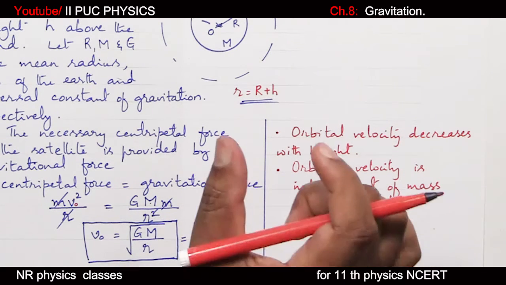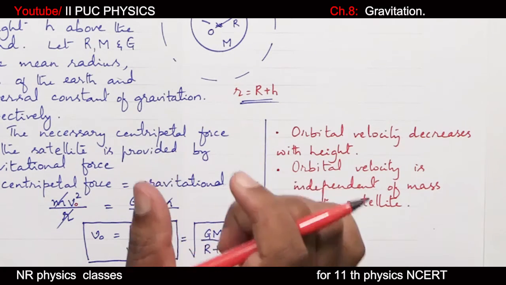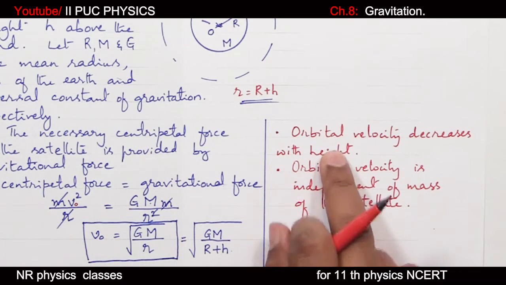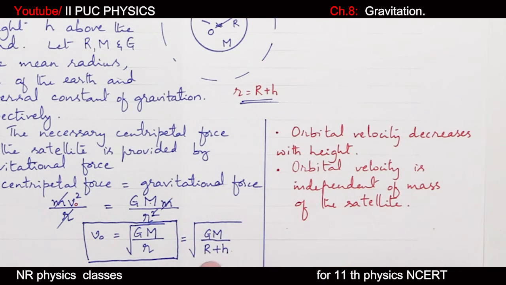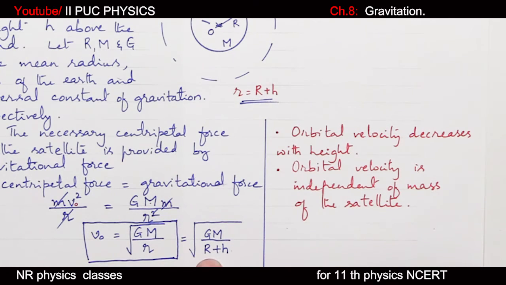Satellite could be of this size, grams, which are called nanosatellites, or satellites can be huge, hundreds of kilograms. So for every type of satellite, orbital velocity at that height remains constant. That is this expression. Students, you have to remember this, root of GM by R plus h. This is mass of the Earth. Mass of the satellite is missing.